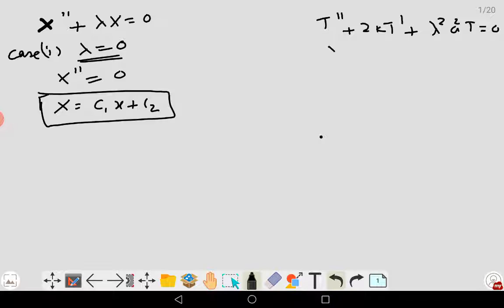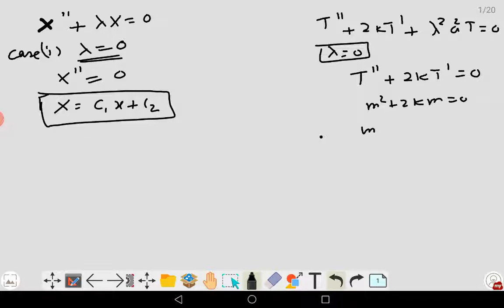Here we will find when lambda is equal to 0, what we get: T double prime plus 2k T prime is equal to 0, and the auxiliary equation is m square plus 2k m is equal to 0. m is outside, then m plus 2k is 0. So the case is m is 0 and m is minus 2k.